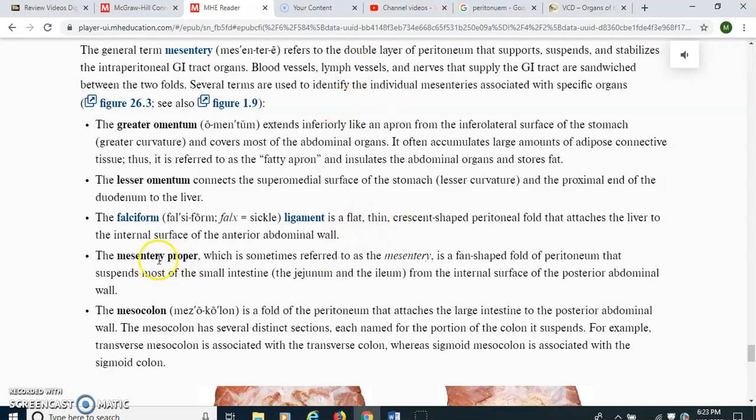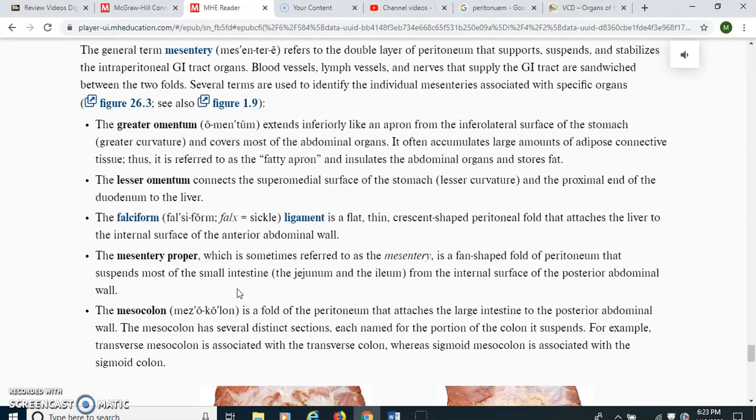Then the mesentery proper is the one that we just called mesentery when we were in lab. That's the membrane of the peritoneum that was between the small intestinal loops. Since we didn't have lab, you couldn't really appreciate that all that mesentery connected to the small intestines was then connected to the posterior wall of the abdomen.